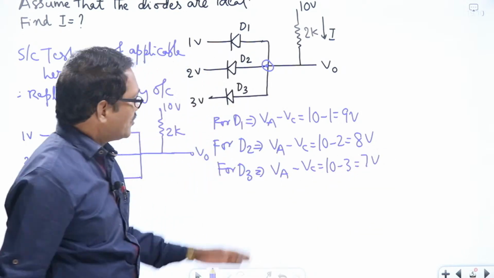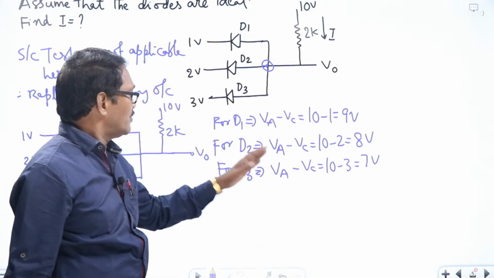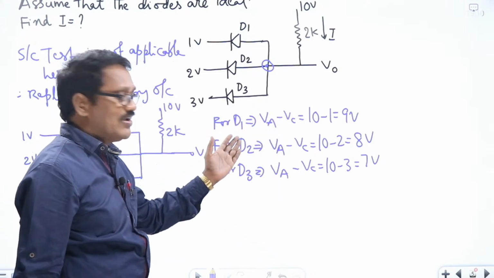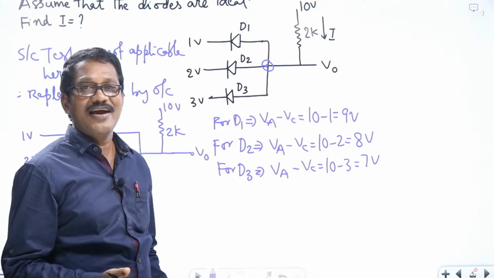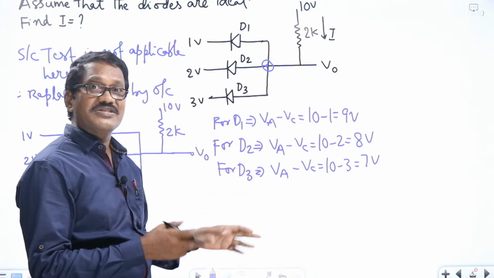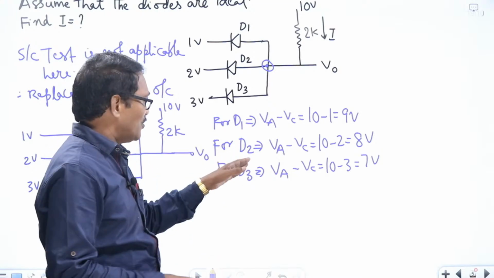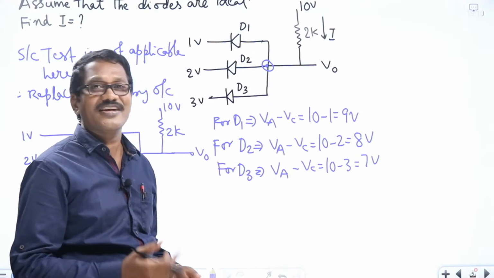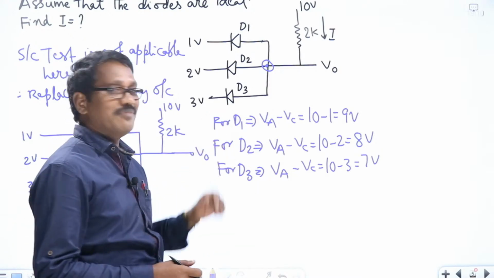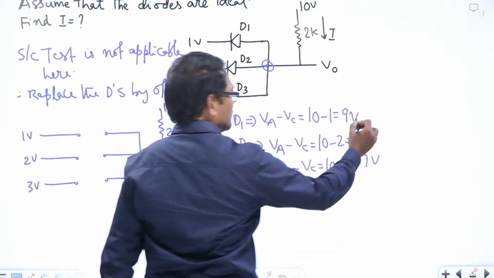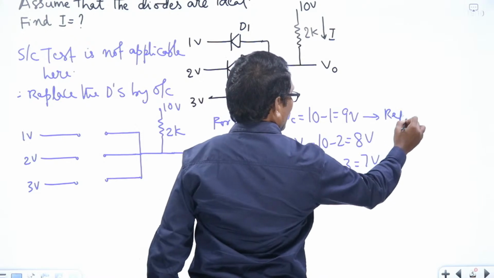That means what you have observed from this. So from this we can say that D1 is more heavily forward biased and hence D1 will become on first. By that time D2 and D3 are in off state only. And hence D1 can be replaced by short circuit.